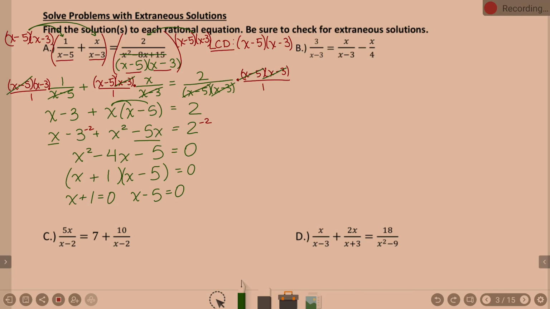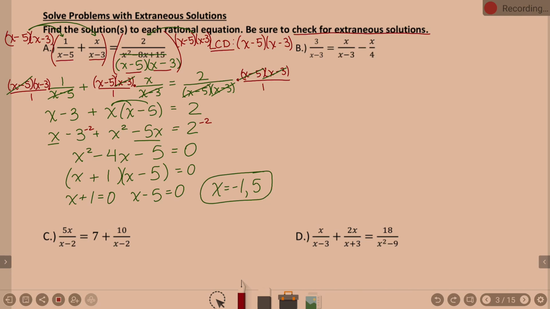What do we get as answers? Negative 1 and 5. X equals negative 1, x equals 5. Don't forget, we are asked to check for extraneous solutions, yes? So your last step in every problem is just do a quick check. Do they work?